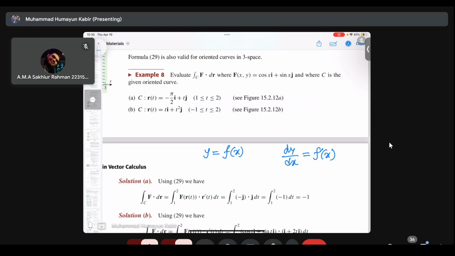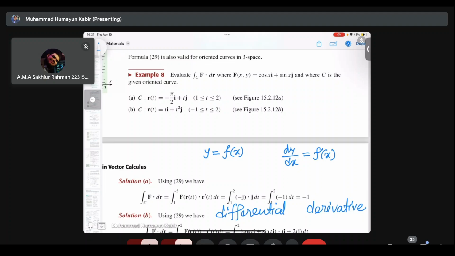Understood my question? Because this is important. That idea we have to use here. But this is very fundamental: differential and derivative.